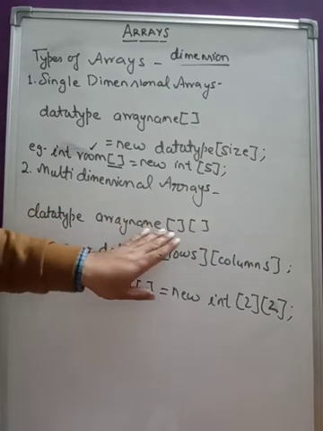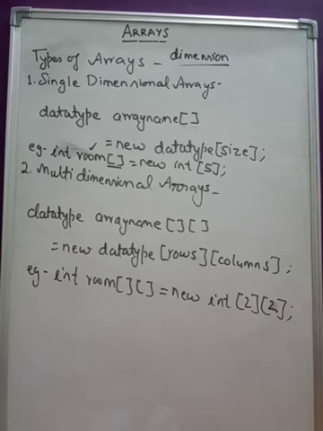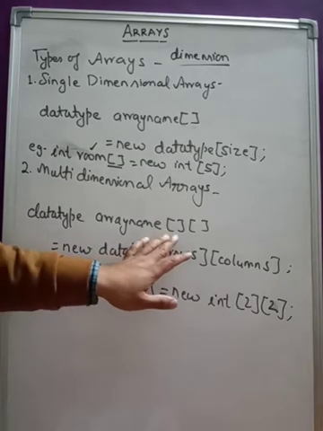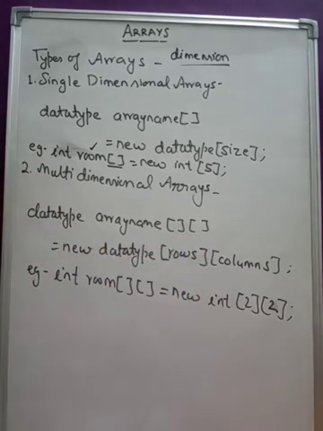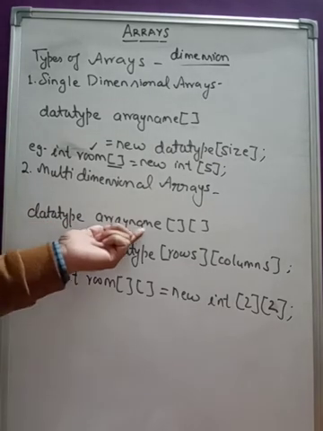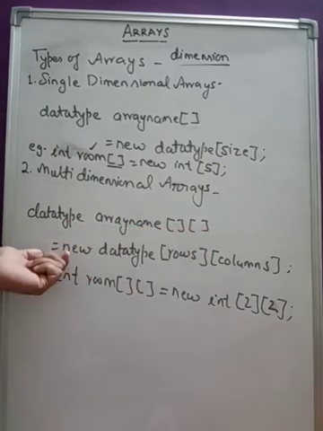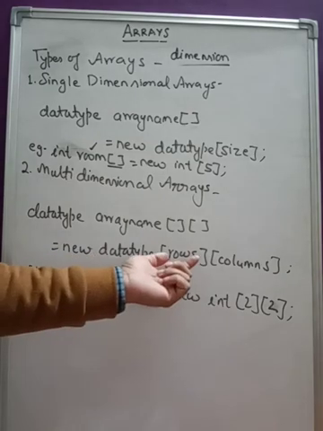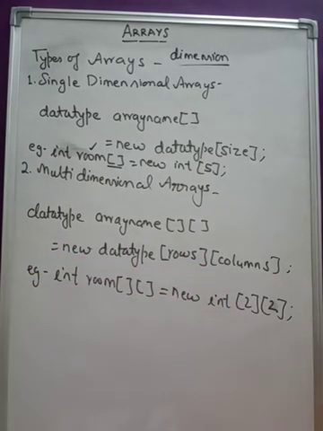Two square brackets are there, which means this is a multi-dimensional array, and precisely you will say this is a two-dimensional array because it has two subscripts, or square brackets. So it is the data type followed by the array name, then the square brackets, and then equal to new data type followed by the rows and columns.